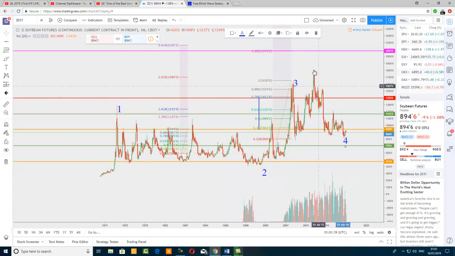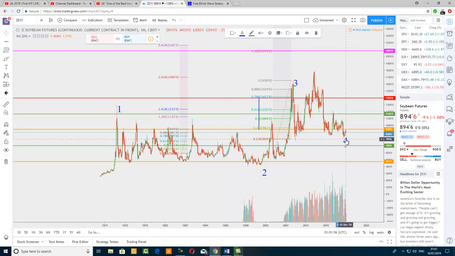As you can see, if you are calling this the fourth wave, that's a very deep fourth wave coming to the zone of the 78.6% Fibonacci retracement level of the third wave, and also overlapping what is supposed to be the first wave.